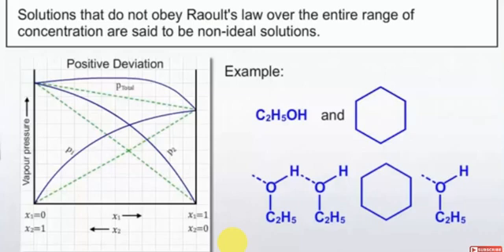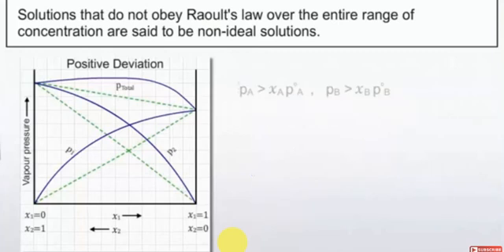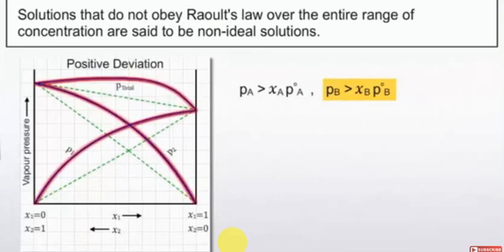As a result, it becomes easier for the ethanol molecules to escape into the vapor phase, and thus we see the positive deviations from Raoult's law. For a positive deviation, delta H mixing is greater than 0 and delta V mixing is also greater than 0.